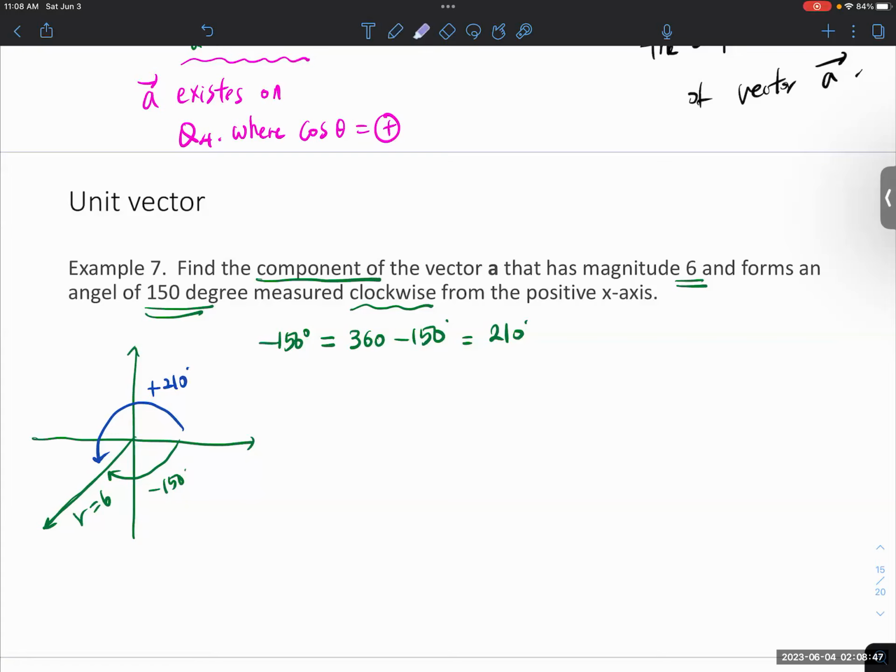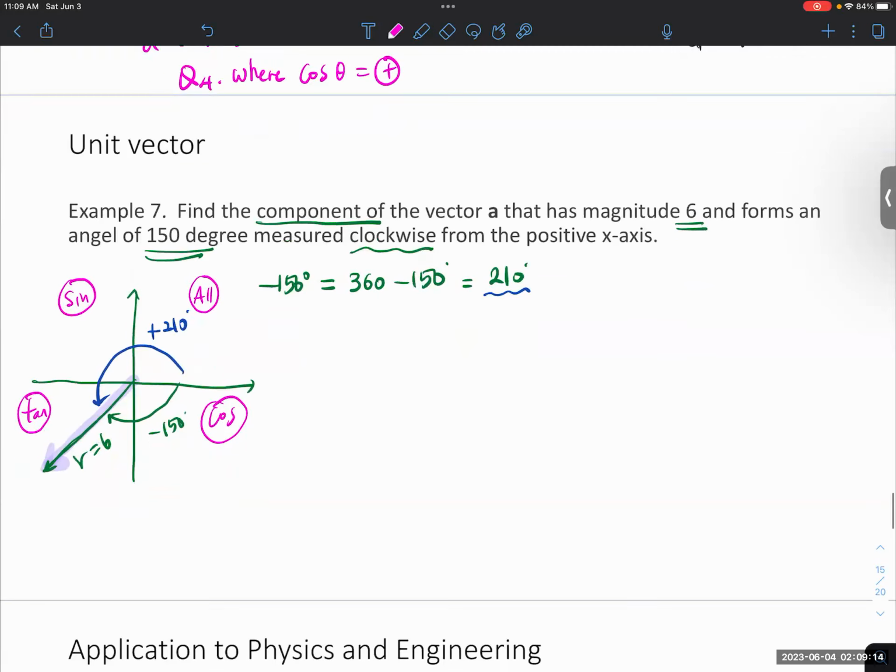They're locating the same vector, correct? So you can use either minus 150 or positive 210 because they're indicating the same location right there. You can use a positive angle if you want. And in each different quadrant, sine, tangent, and cosine can be positive or negative, so be aware of that.